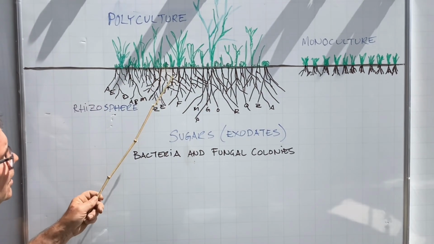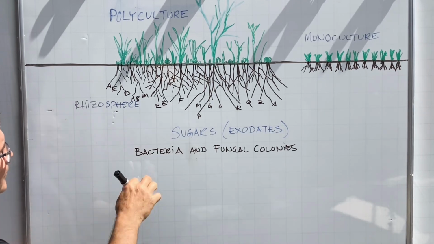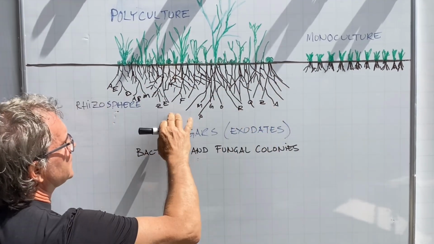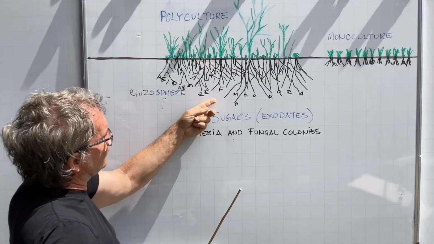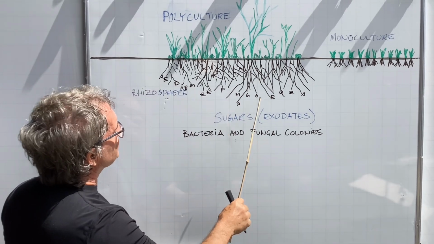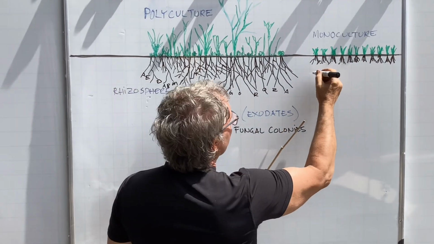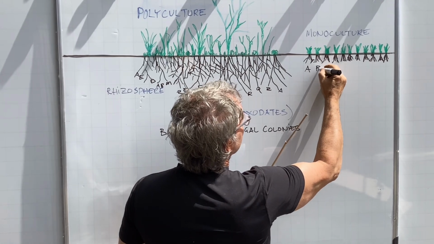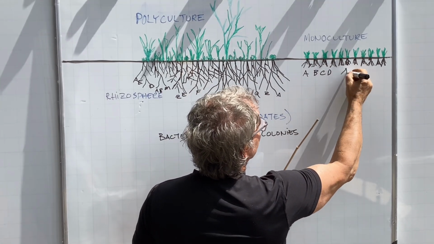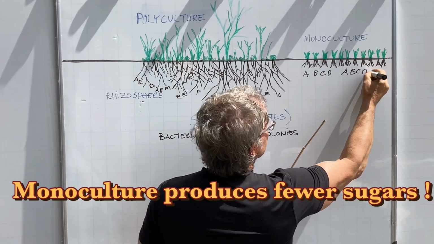And that's a polyculture. They'll go through the whole alphabet. They'll put the entire alphabet of different types of sugars, or exudates, back into the ground. In a monoculture, you'll only have A, B, C, D, just for an example, just to use letters.